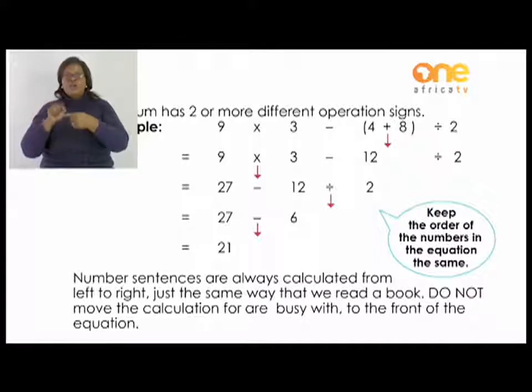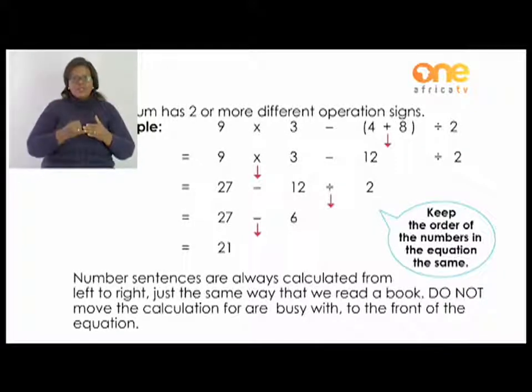We continue. Still according to BODMAS, the next operation will then be division. So I rewrite everything that I have there. 27 minus, and the answer to 12 divided by 2 is 6. And my last step is when I finalize my equation.